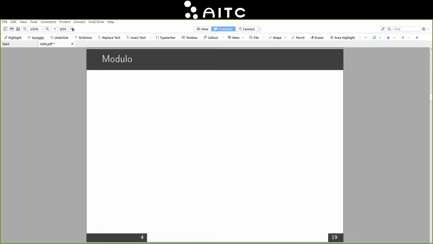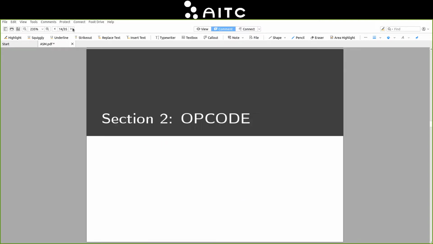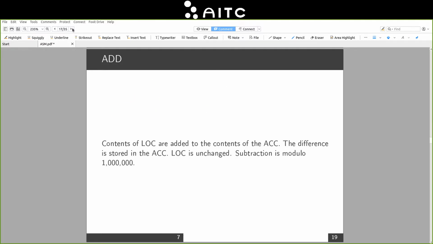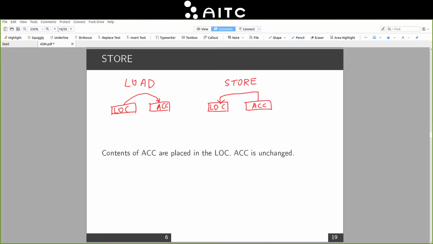Once you understand, let's go on. Sorry, wait a second. Load is LOC to ACC. Store is ACC to LOC.